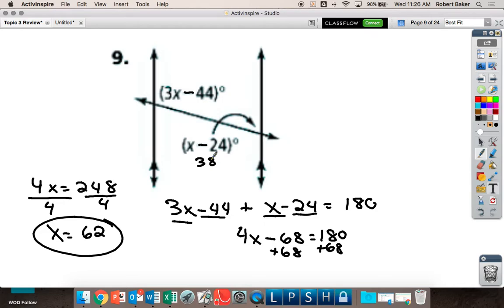Oh wait, no, they'd add. So yeah, you're right. 186 minus 44 is 142. So 142 concept plus checking. This angle is 38. That angle is 142. They do make 180. Hooray, mathematics.